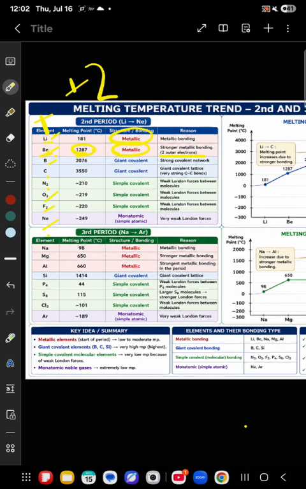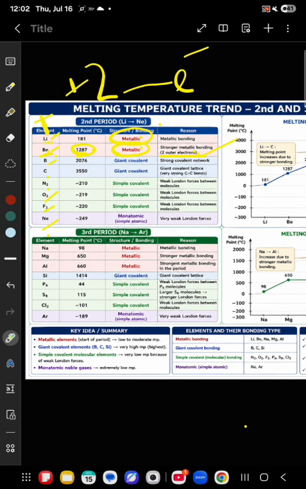It will have more delocalized electrons, and more electrostatic attraction between the positive 2+ cations and electrons. So its metallic bonding is stronger than lithium's. Both have metallic bonding and structure, but beryllium has a higher melting point than lithium because it has a stronger metallic bonding from the two electrons.